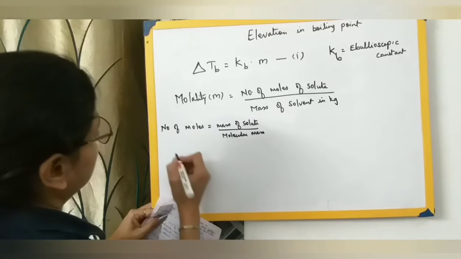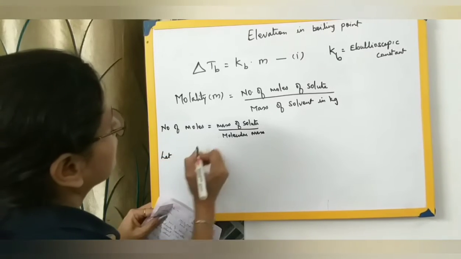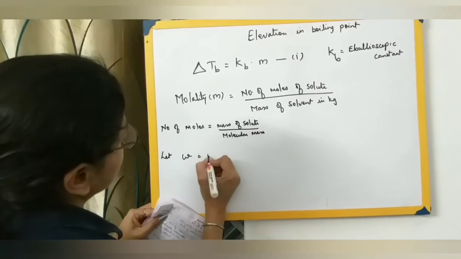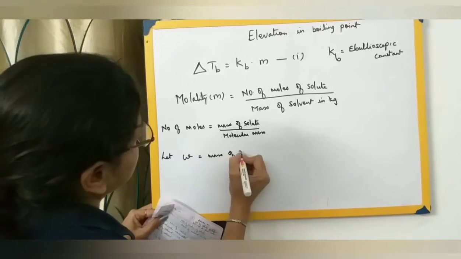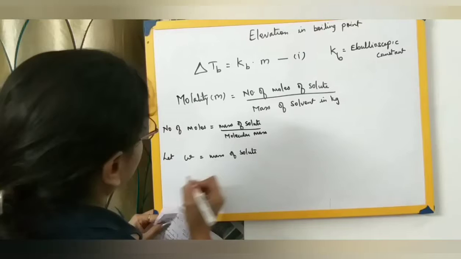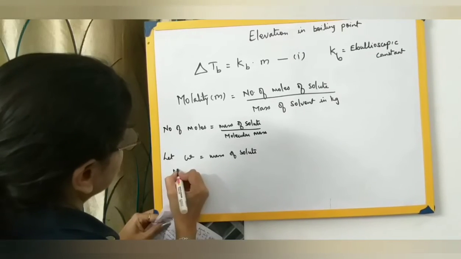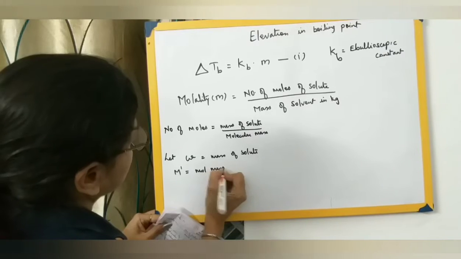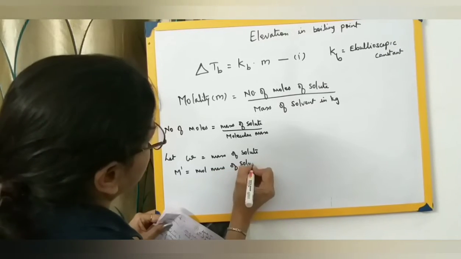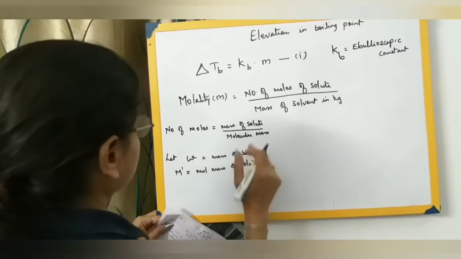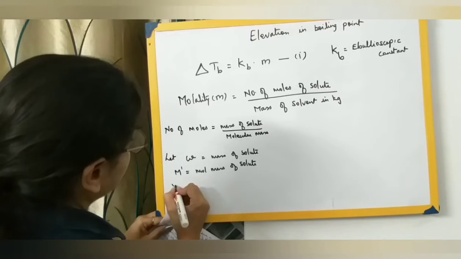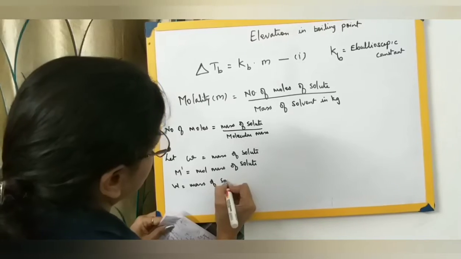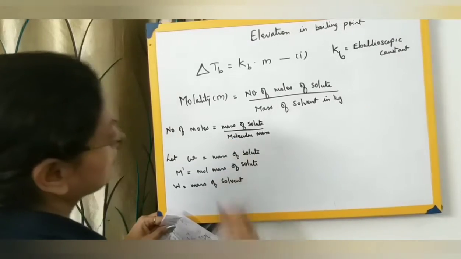So let w be the mass of the solute, then M dash is the molecular mass of the solute, and let capital W be the mass of the solvent. Let us assume all these things.